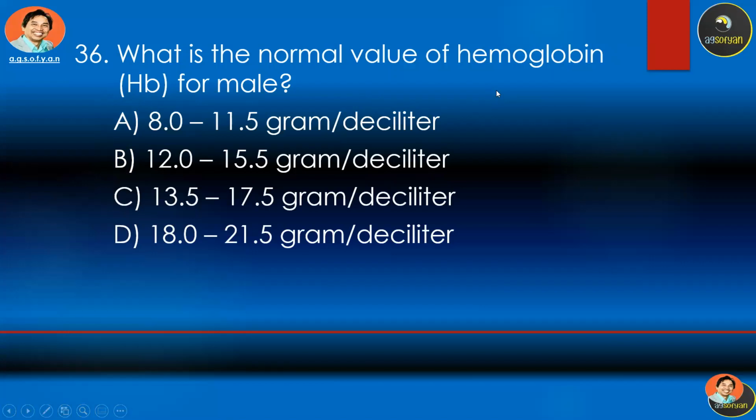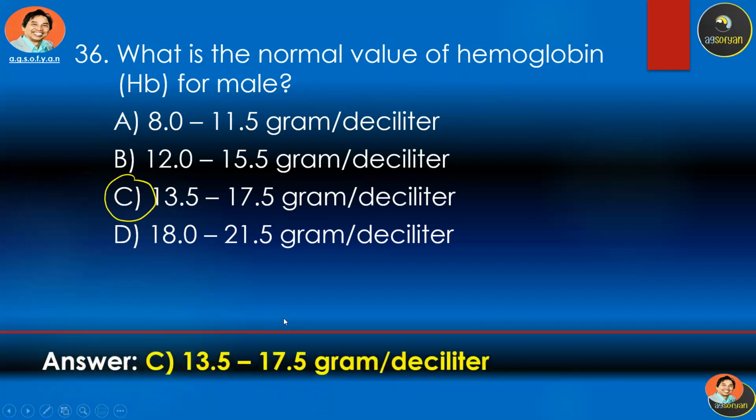What is the normal value of hemoglobin for male? A, B, C, or D? So normally, for a healthy male, the hemoglobin has to be between 13.5 to 17.5 grams per deciliter.